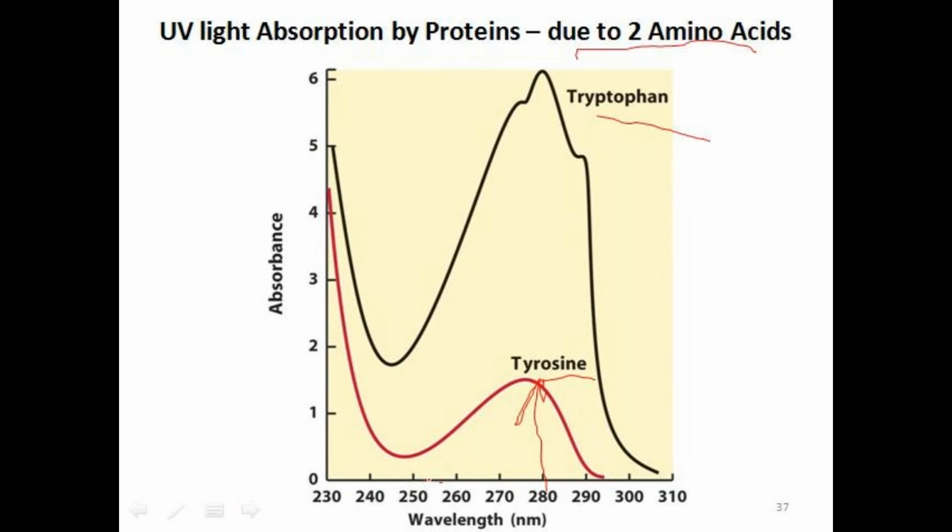Here, in the 250 range, 257, that is phenylalanine. The maximum absorption takes place by tryptophan and tyrosine only. And this is the absorption of amino acids.